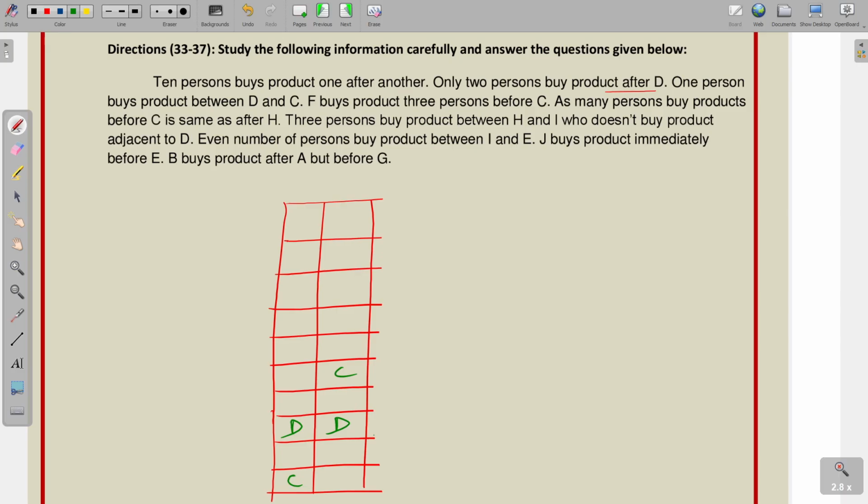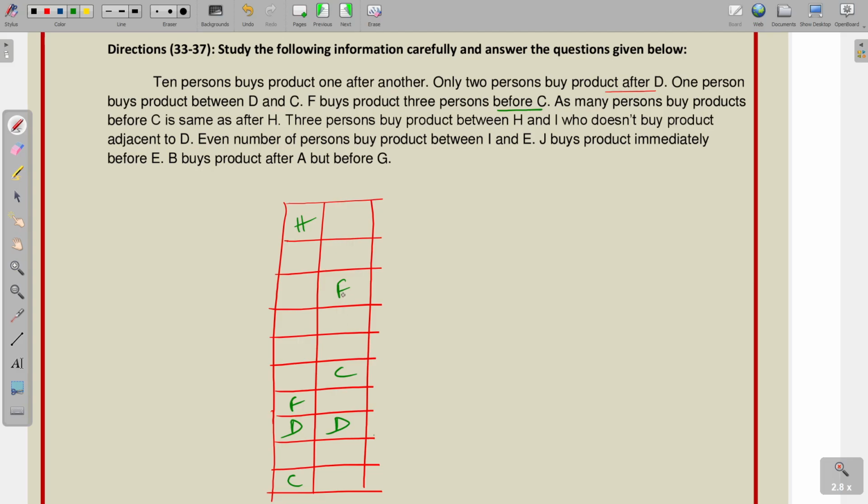Next, F buys product 3 persons before C. So 1 2 and 3, here F is placed. And next, as many persons buy product before C as after H. So H is placed here.